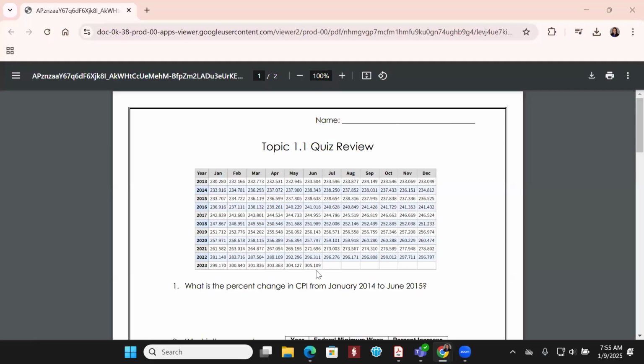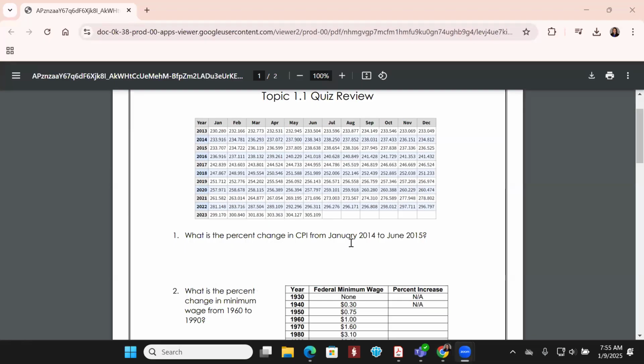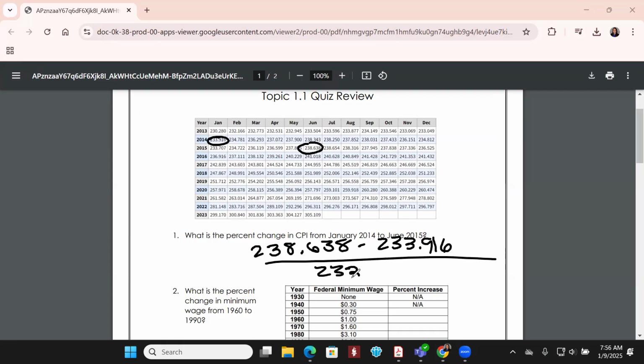Okay. So what is the percent change from January 2014 to June 2015? So we're using this one to this one. Okay. So we get 238.638 minus 233.916 divided by 233.916 times 100, and you get what? 2%?